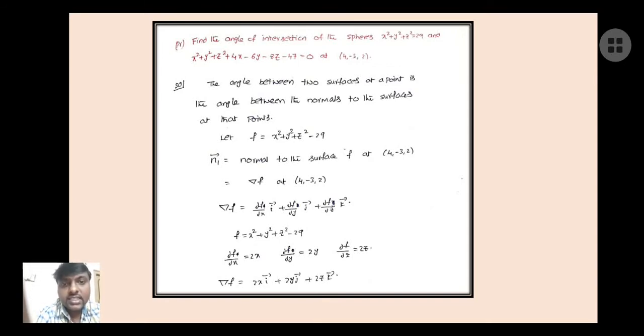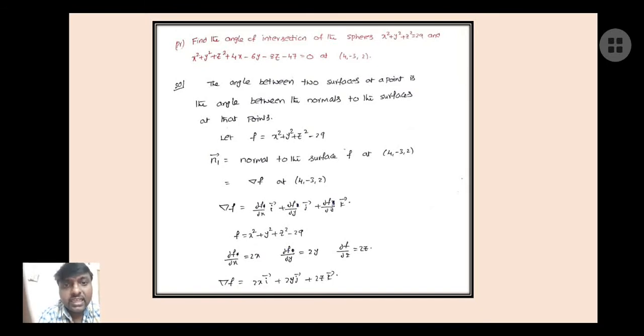But in this example, they give two spheres, that means two surfaces, and they give a common point to the two surfaces. We are calculating the angle between those two surfaces at that particular common point.